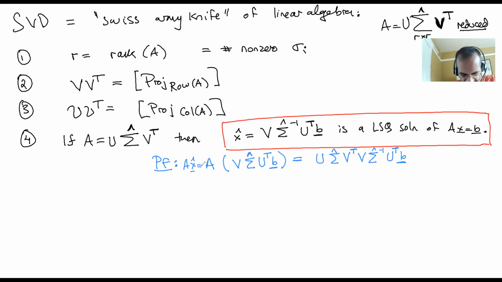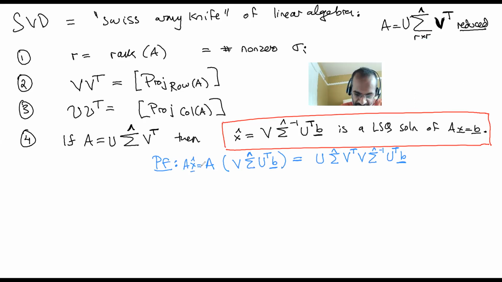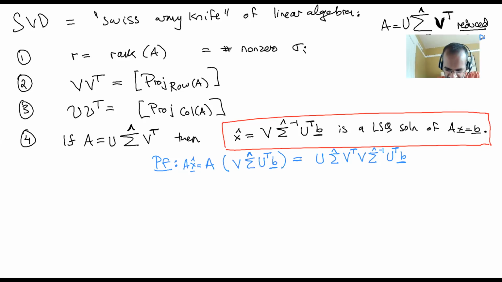And here I just used that this is the reduced SVD. But now, anybody see some nice cancellations happening? Everything cancels except B, so we're just left with B, right? Not quite, almost.